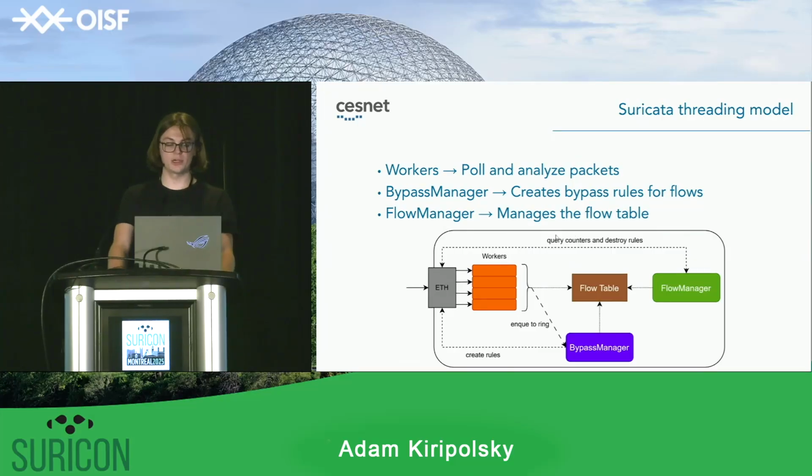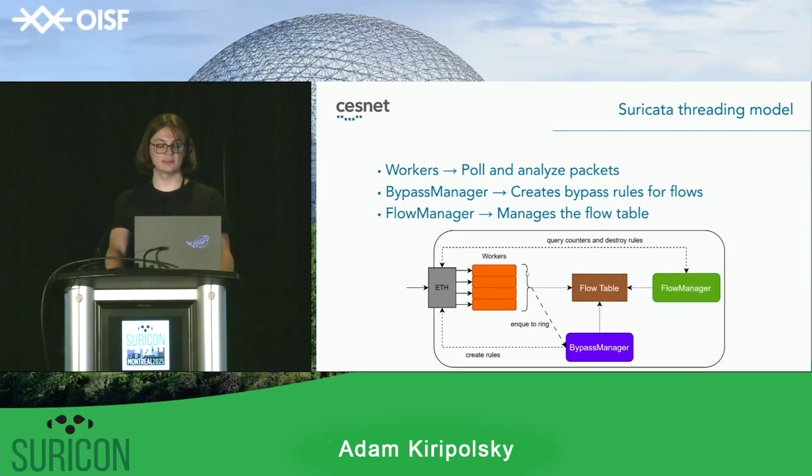Now, just to give you a background, how does the Suricata threading model look like from our perspective? We have the workers that poll the NIC and analyze the packets. Also, they are sending the necessary information to bypass manager for creating the flow rules, or the bypass flow rules, via a ring structure.